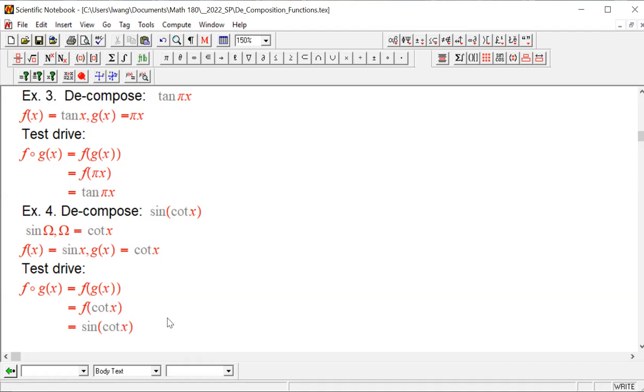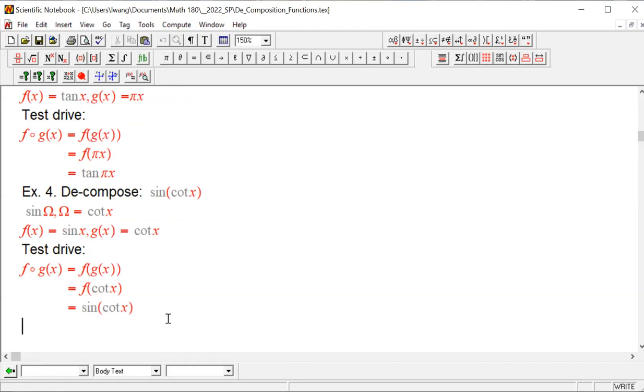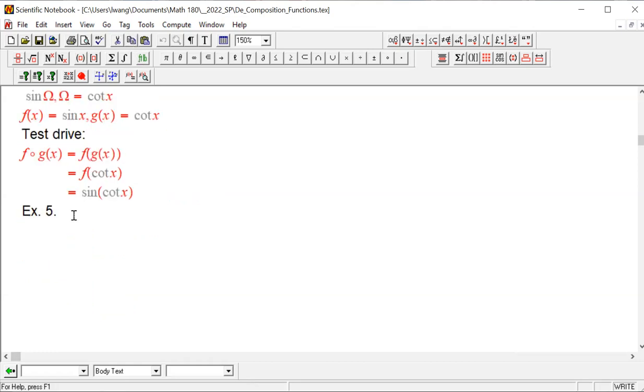Okay, so here I'm going to give you a couple more examples all at once. You may like to pause it and try it. The first one would be e to the power of square root of x.